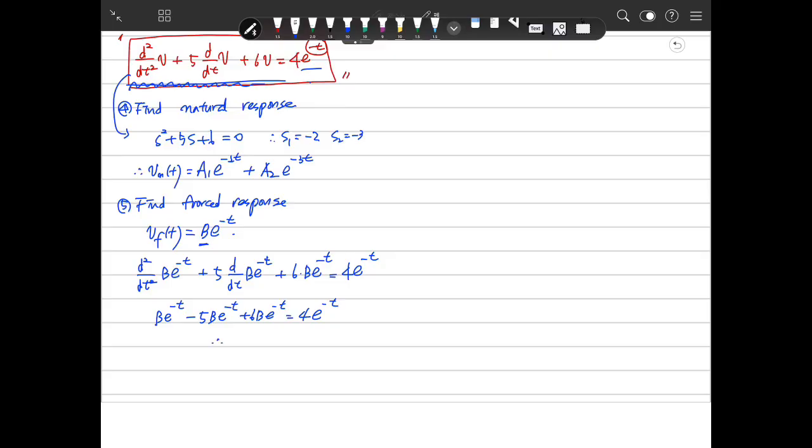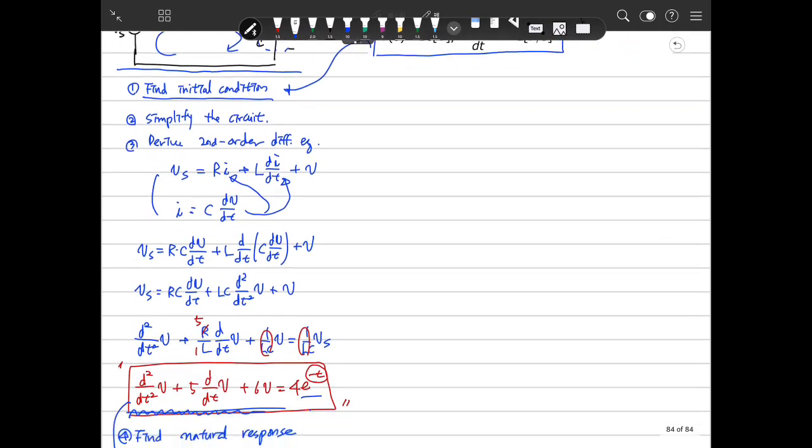Therefore, b minus 5b plus 6b, so 2b is 4. Therefore, b is 2, and the forced response V(t) is 2 exponential minus t. So the last thing is the complete solution.